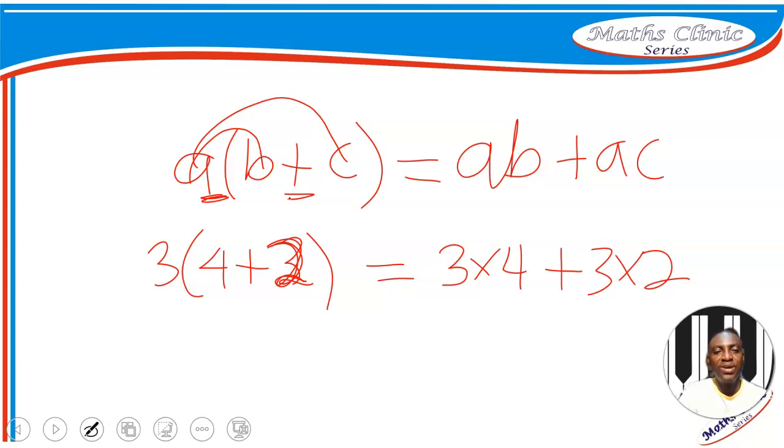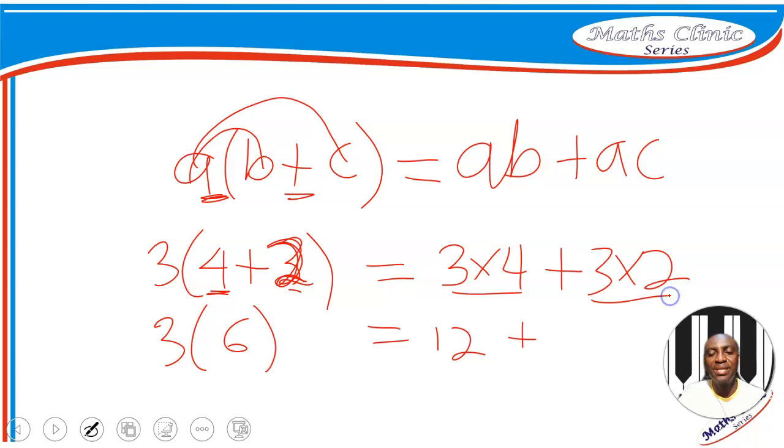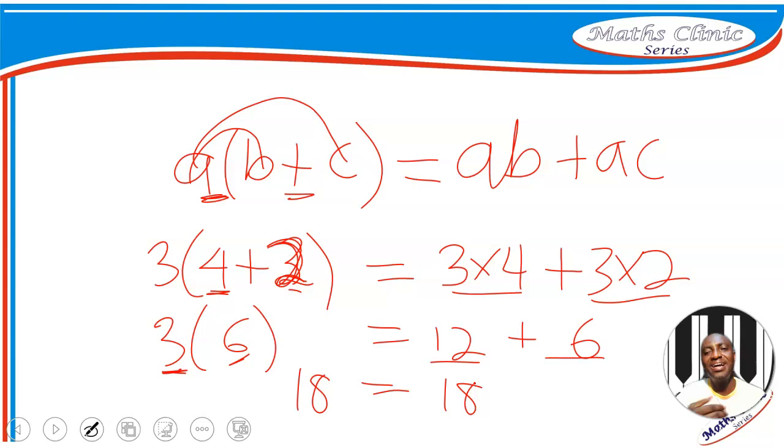Here, 4 plus 2 is 6, and 3 times 6 gives 18. On the right, 3 times 4 is 12 and 3 times 2 is 6, and adding them gives 18. So we can say multiplication is distributive over addition. But could it be the same if I do addition distributive over multiplication?